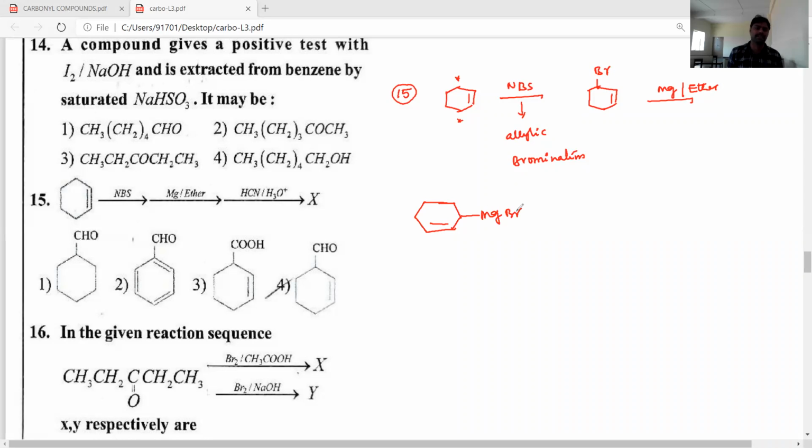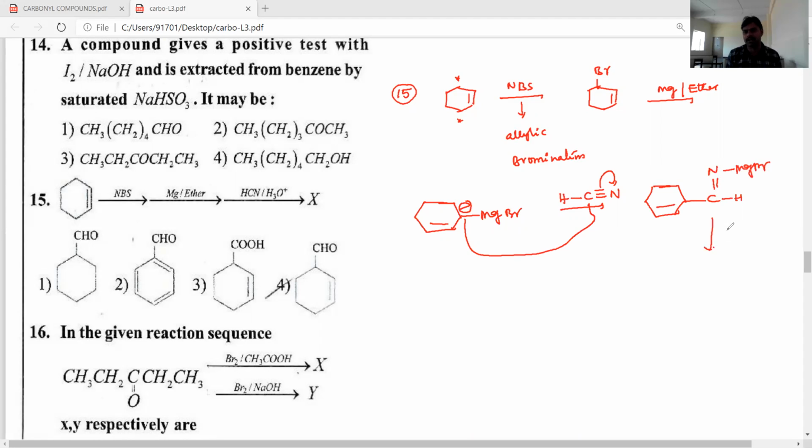The product is the MgBr Grignard reagent. This is treated with hydrogen cyanide followed by hydrolysis. The Grignard reagent acts as a nucleophile and produces the product C double bond H and double bond N MgBr.